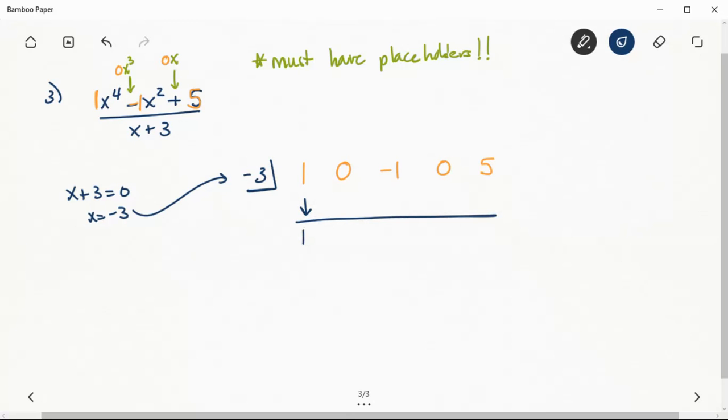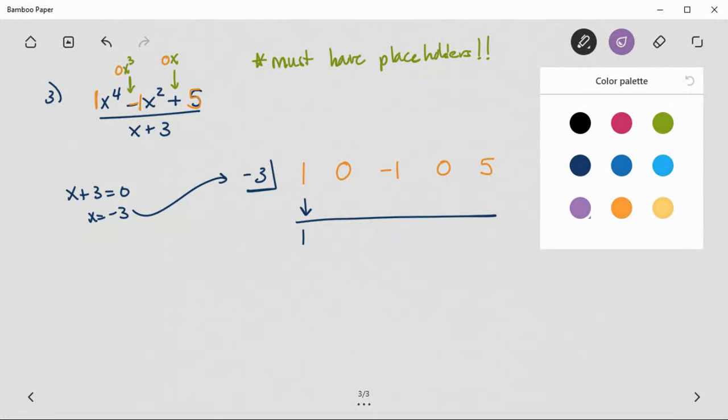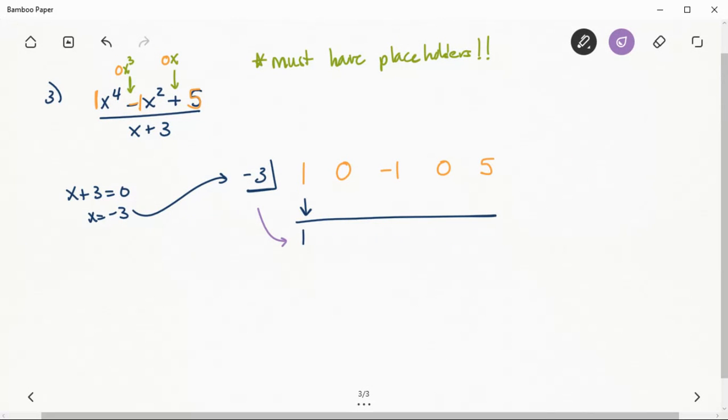Drawing our line, bringing down our first term. Negative 3 times 1. We multiply those again one last time to go through all these steps. This is going to become a negative 3. Add down. We're going to get negative 3. Multiply negative 3 times negative 3. This becomes a 9. Add down. Our next number is an 8.